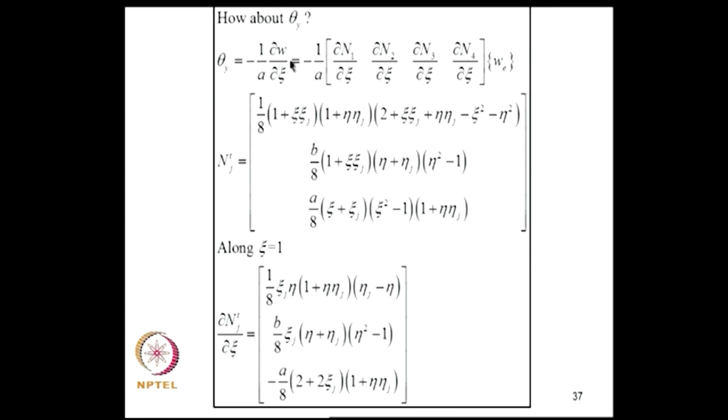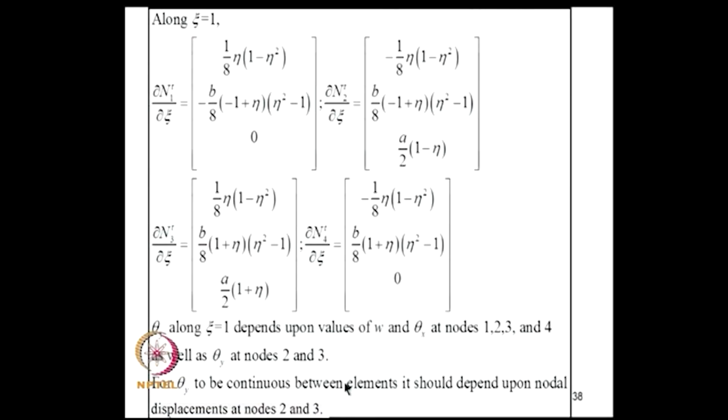So, there is no problem as far as W and theta x are concerned, but how about theta y? Now theta y is given by minus 1 by 8 dou w by dou xi, and we have to evaluate this, which requires some calculations. If I use this representation for xi equal to 1 and differentiate with respect to xi, I get these functions, and based on that, along this edge I need these 4 quantities.